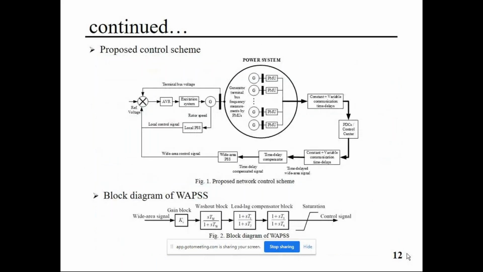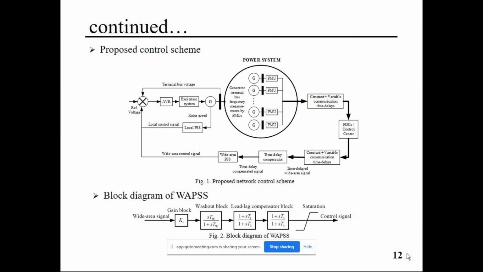Just see here, at your generator bus you have the PMU deployed, and going from the PMU to the PDC there is a constant delay and a variable communication delay with respect to the communication infrastructure. You have the fiber optic cable and other communication media that you take into consideration.